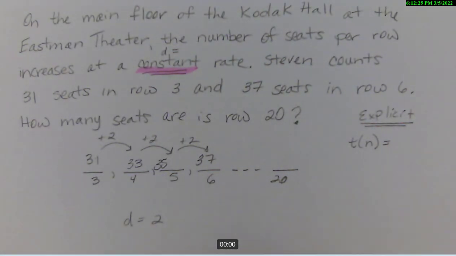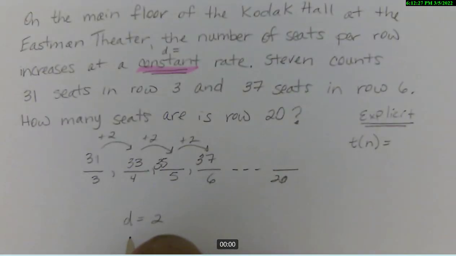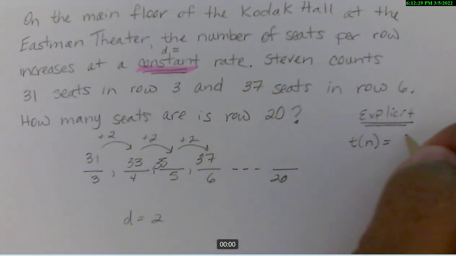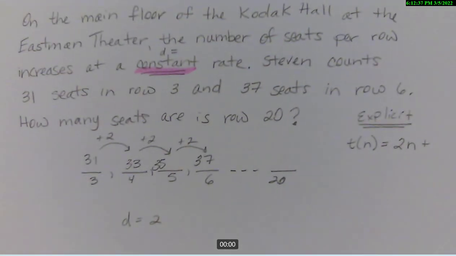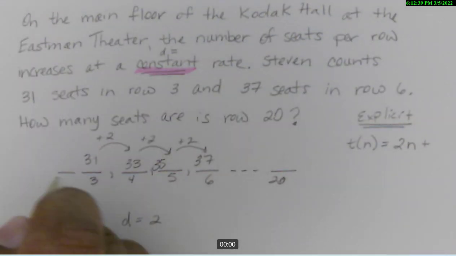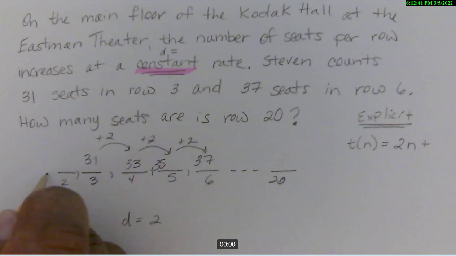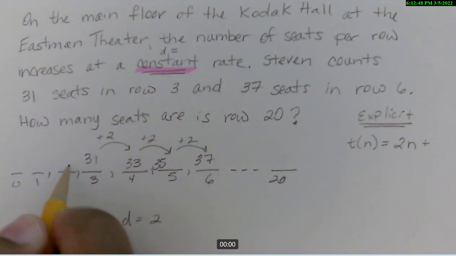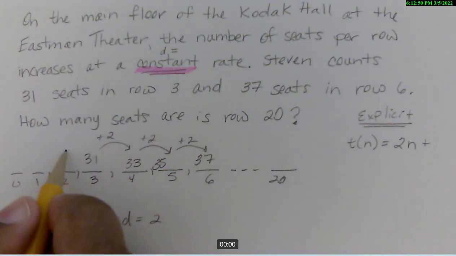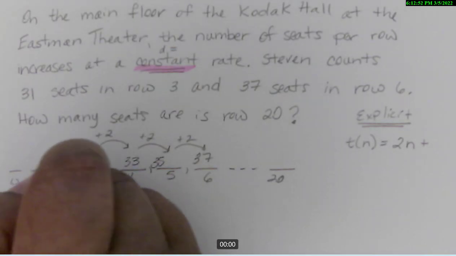All right, so we know that we're going to have D, which acts like the slope, right? So this is going to be 2 times n. We have to figure out what was t of 0. T of 0, so that means I'm going to work backwards, which is a lot easier. 2, 1, 0. So working backwards from 31, so that's 30, 29.